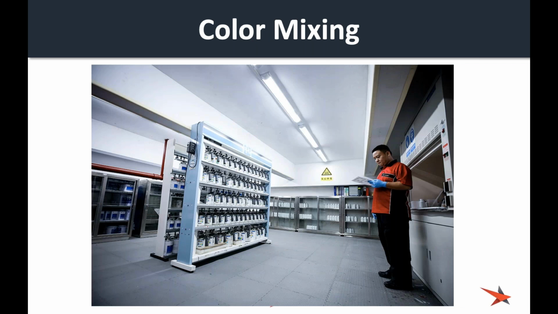Color mixing. Now, understand most facilities, and that includes ours, can't possibly keep on hand every single imaginable color. Even a paint manufacturer doesn't supply every hue and every tint as part of their stock catalog. No one could.